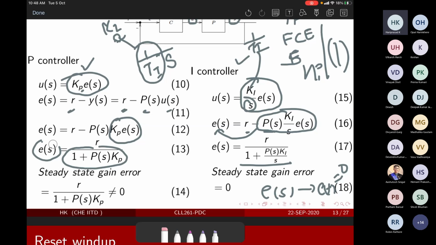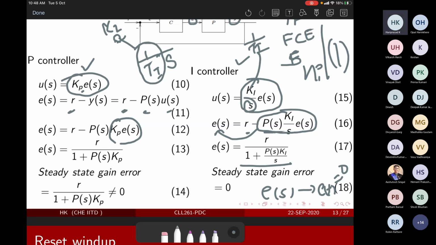If you look at the transfer function of E of S, P of S is the process transfer function, and this is fixed.